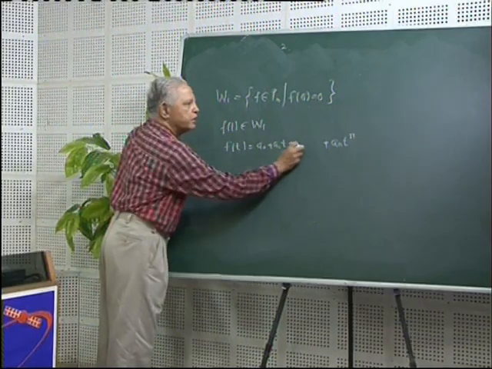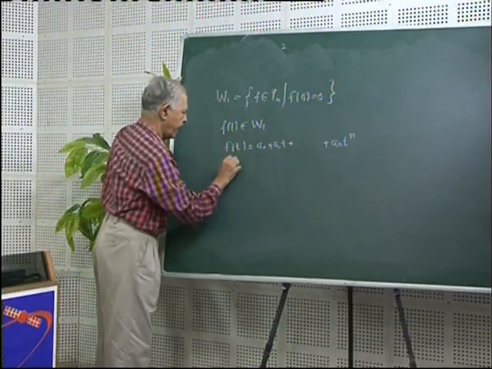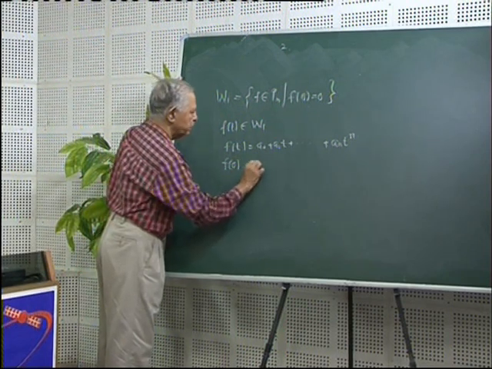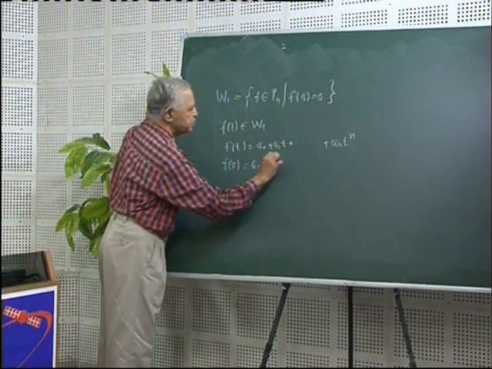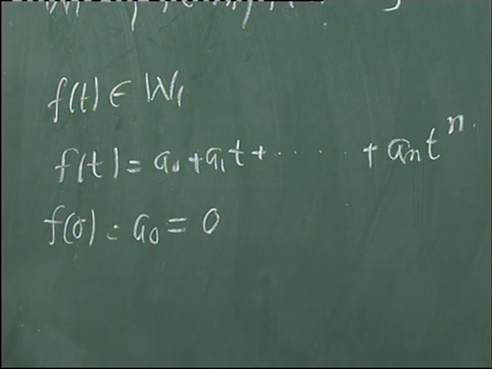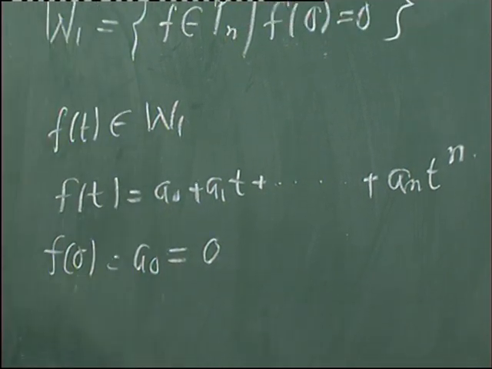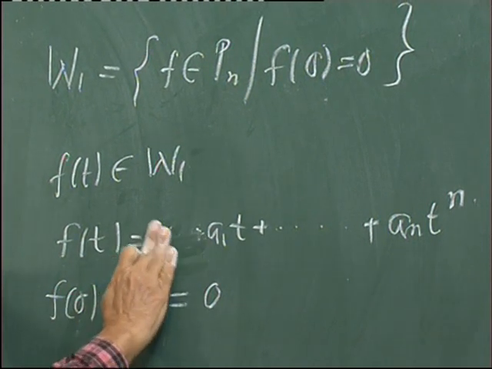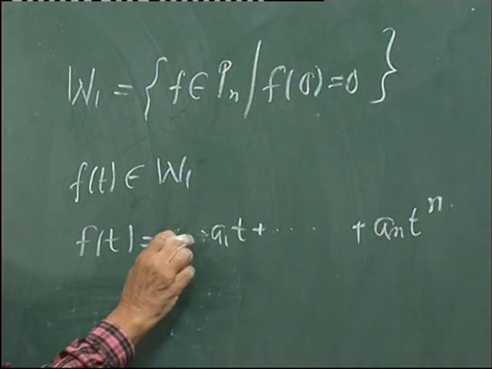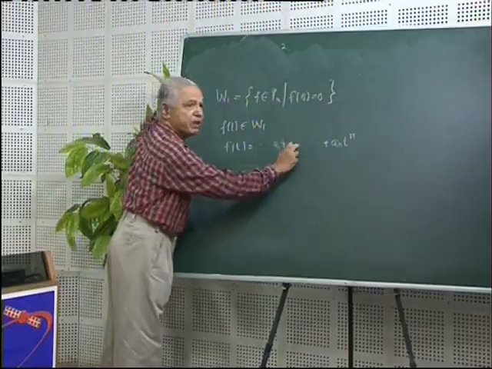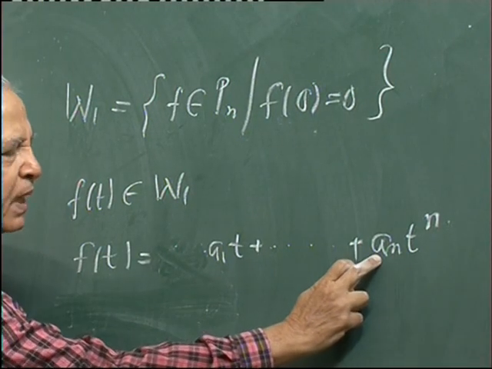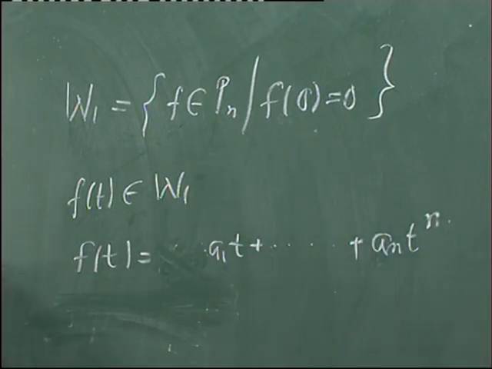So, when I put t equal to 0 here, I get f(0) equal to a0, and that must be equal to 0. That means any polynomial f(t) belonging to W1 must be of the form f(t) equal to a1 t plus a2 t square up to plus a_n t raised to n.